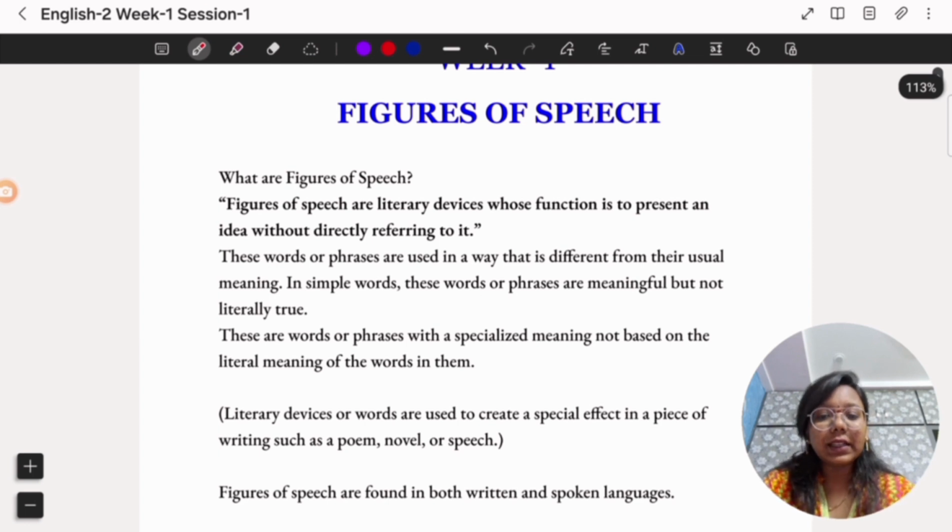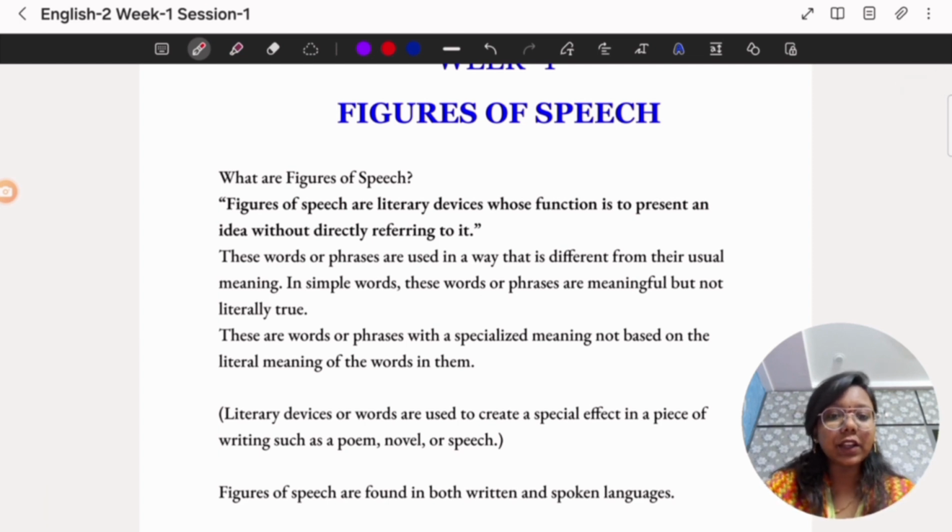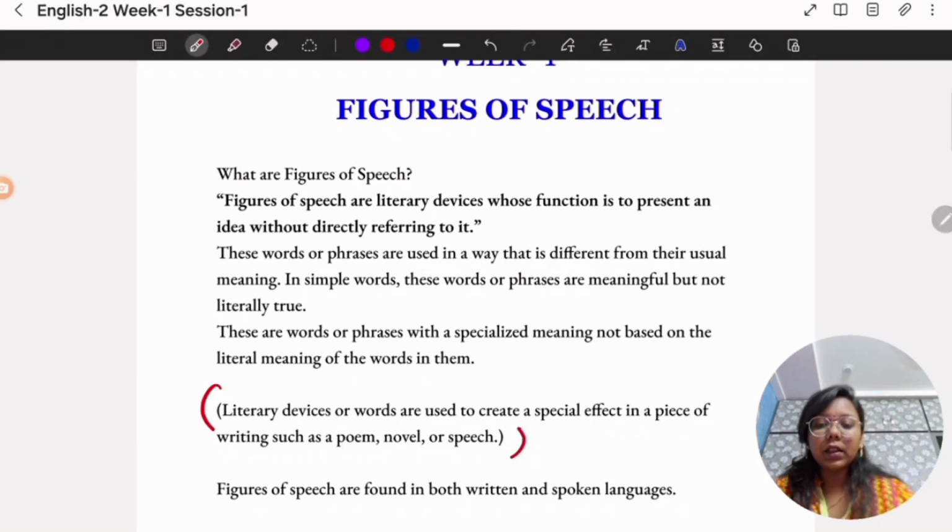Figures of speech are literary devices whose function is to present an idea without directly referring to it. So, what are these literary devices? Literary devices or words are used to create a special effect in a piece of writing, such as a poem, novel, or speech.